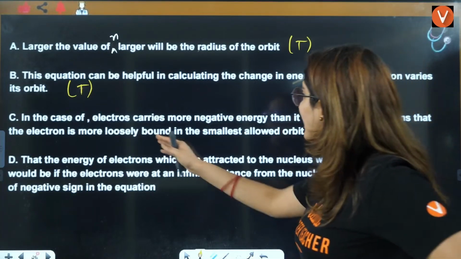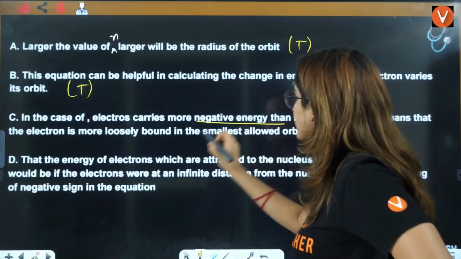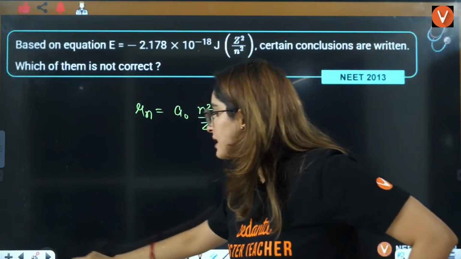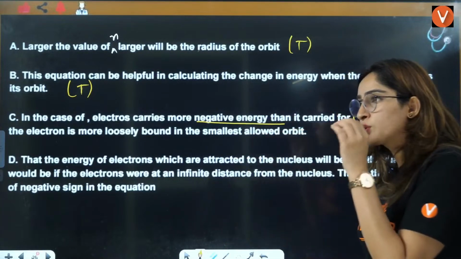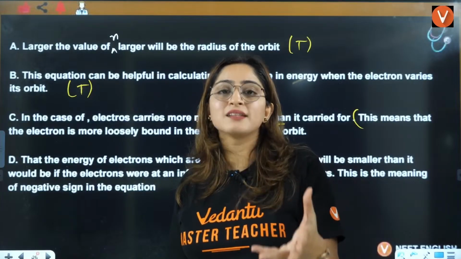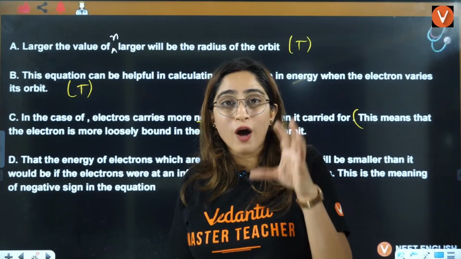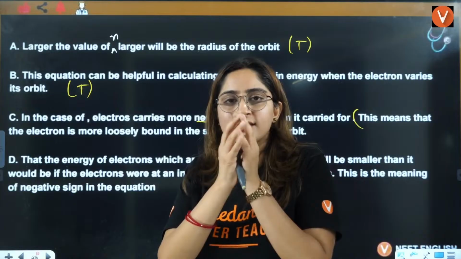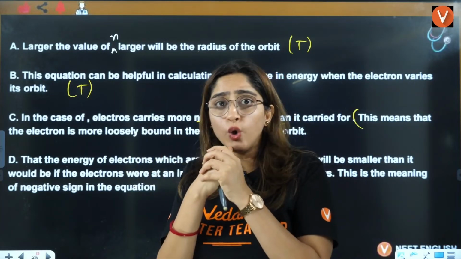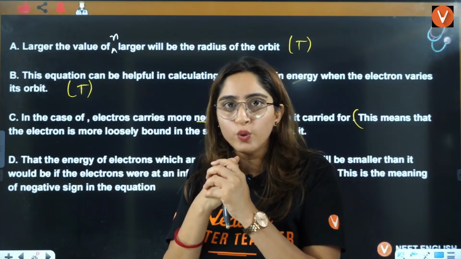Actually, they are saying why there is negative energy here, right? Is it because the closer to the nucleus, the less will be the energy? Are they saying that the orbits that are closer to the nucleus are less bound to the nucleus? No, that is not true, right?